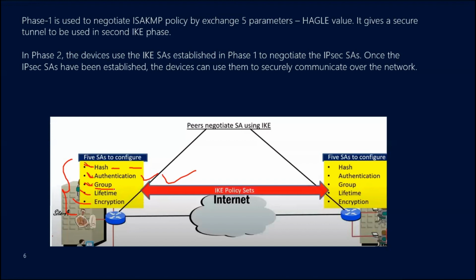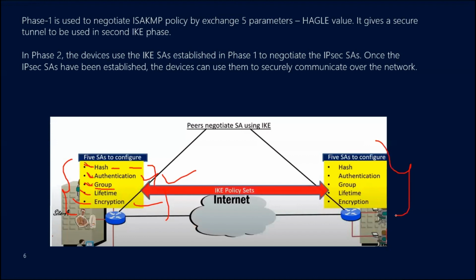Then we have lifetime. Lifetime means how long the IKE phase one tunnel stays up. The default value is 1 day, but it depends on the vendor you are using. And that is the lifetime. And the last is your encryption. Encryption means which algorithm you are going to use for encrypting your data. And the same HAGLE values should be used at the other end.